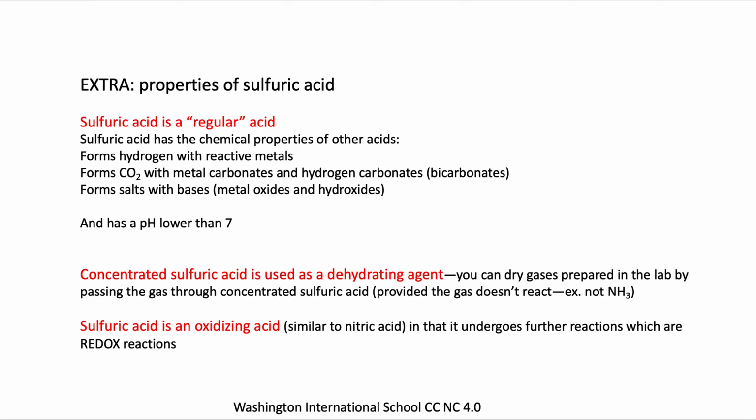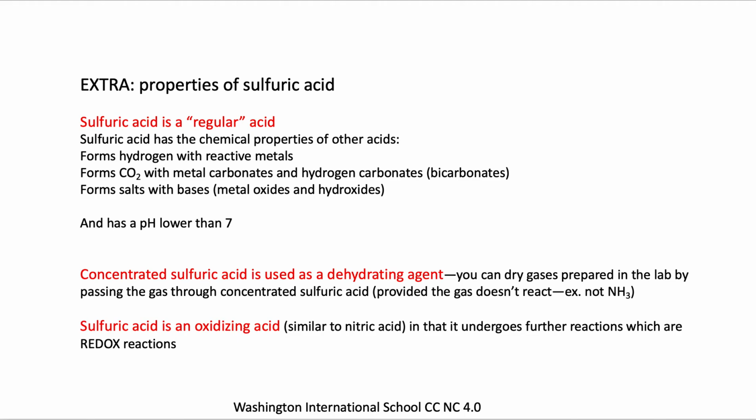And as a little extra, it's sulfuric acid. Sulfuric acid's a regular acid with the normal properties of an acid. It forms hydrogen with reactive metals, carbon dioxide with metal carbonates and hydrogen carbonates, and forms salts with bases, the metal oxides and hydroxides. Like all acids here, it's got a pH lower than 7.